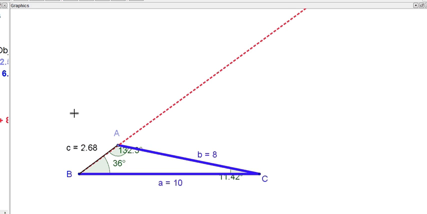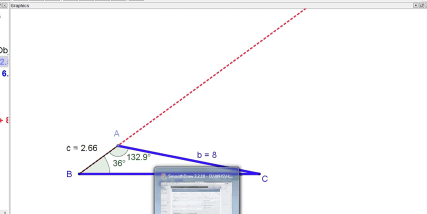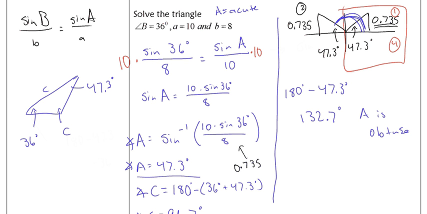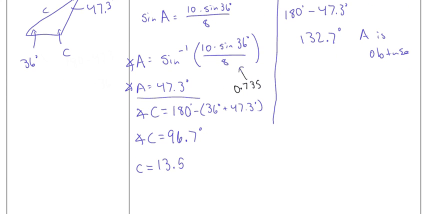There we go, 132.3. So let's bring it down. 132.7 is where we should be. Obviously, I'm a little bit off with my measuring tools, but something right around there. And again, that obtuse angle, we would not be able to find just using the inverse of sine. And so we need to realize what's going on and be able to evaluate with that in mind.